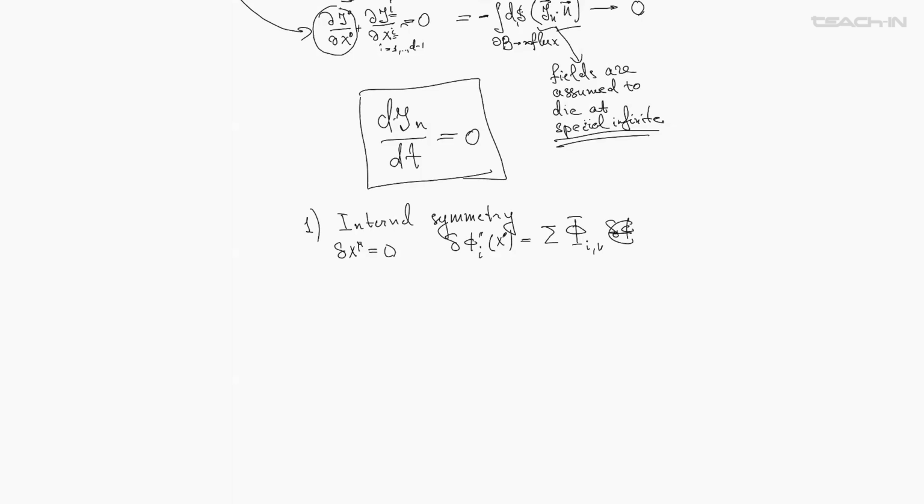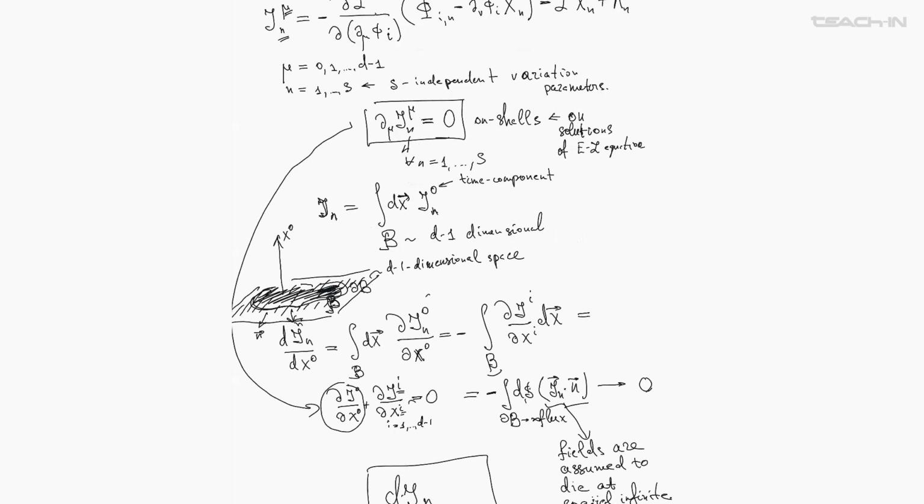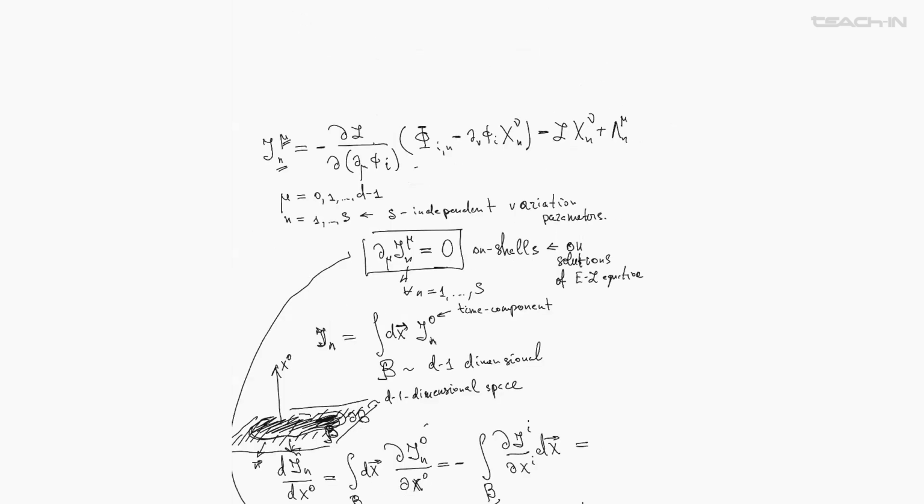So the only non-trivial response is this Φ, and therefore, if you just look at our general expression here, we see that only this term contributes, because the response of x^μ, the variation of space-time, is absent.